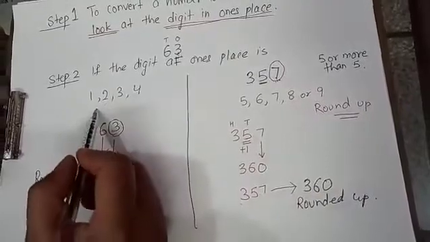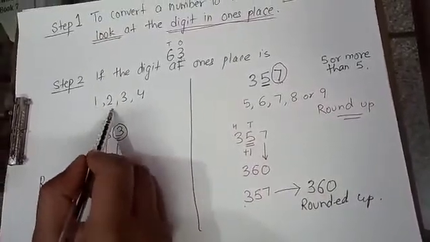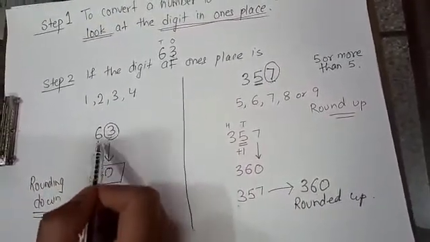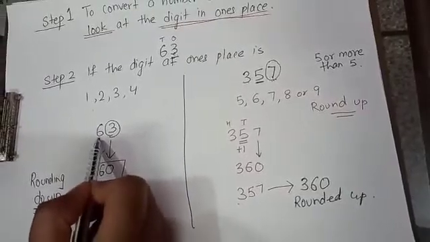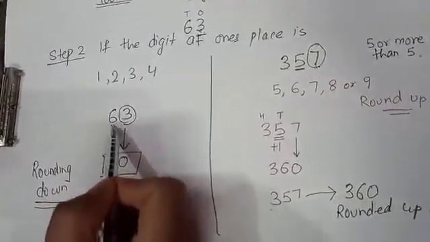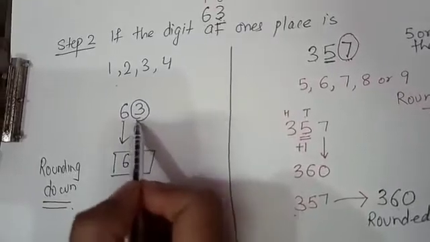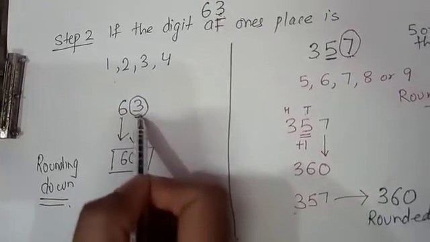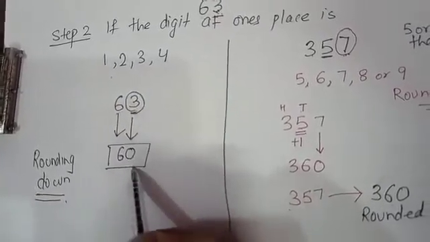But if the digit at ones place is 1, 2, 3 or 4, then you are not going to increase the value. This value remains the same. You will simply change the last digit, that is the ones digit, to 0.